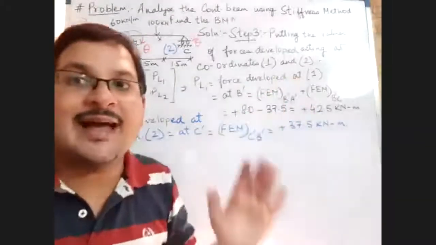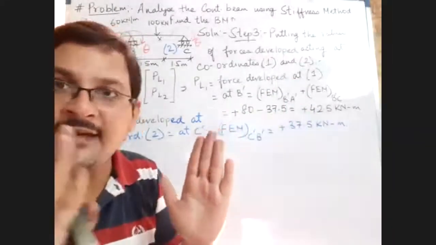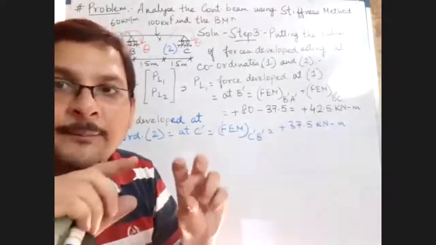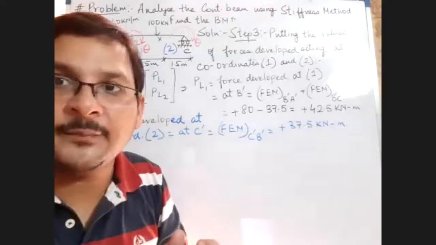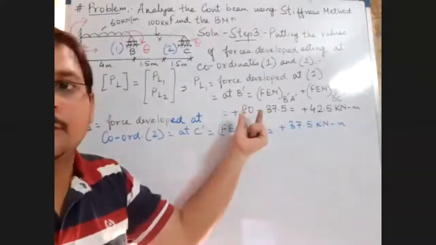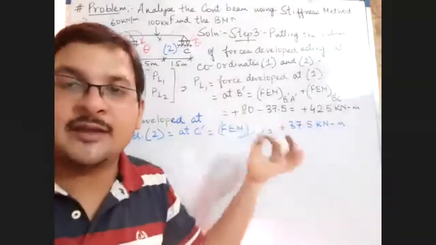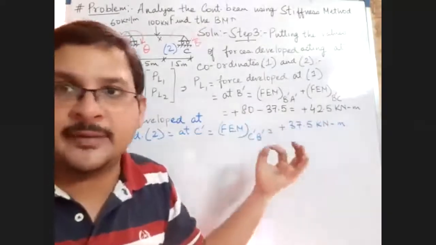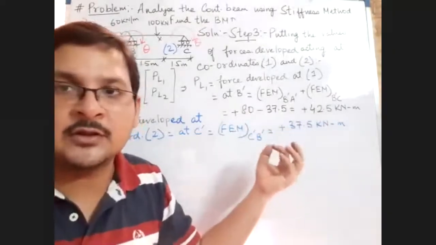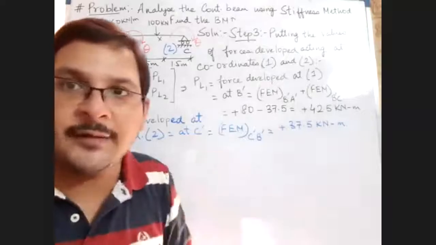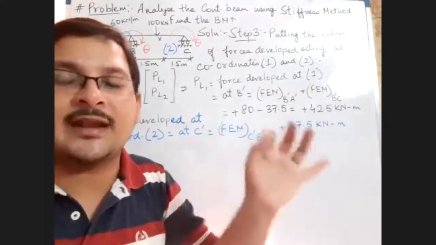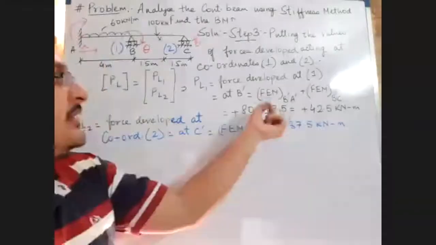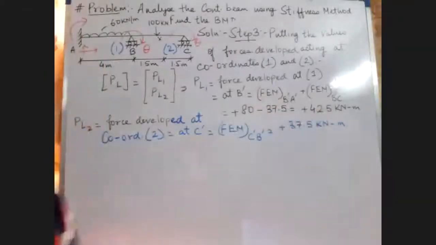The reason is that I am forcefully fixing the support, and due to forcefully fixing the support, my fixed end moments are developed. And we all know that in the matrix method, fixed end moment is a type of moment, and moment can also be categorized as force in the matrix method. So see here, we are adding the moments here.